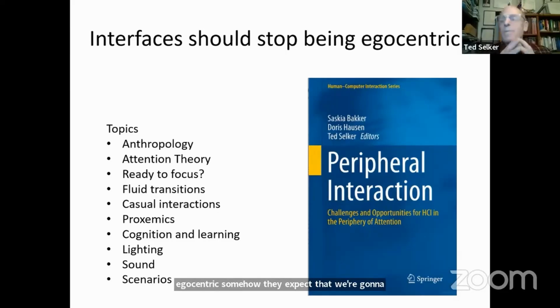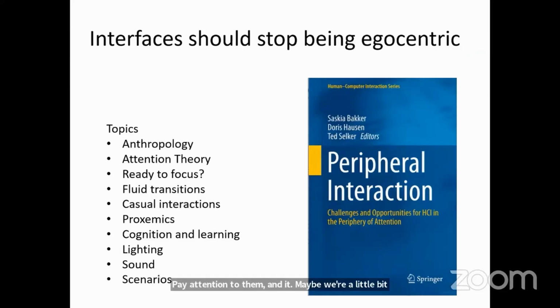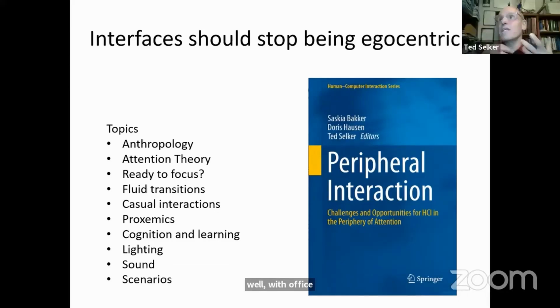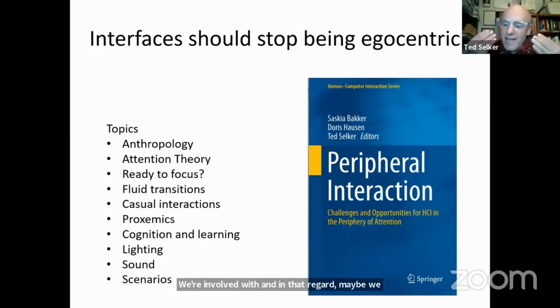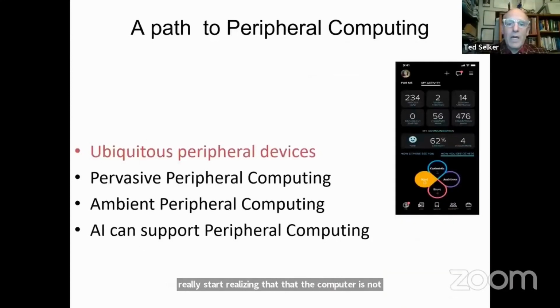And it maybe worked a little bit well with an office or a cubicle. Now we are literally using computers in every social circumstance we're involved with. And in that regard, maybe we have to really start realizing that the computer is not necessarily able to know when we're going to be paying attention to it.